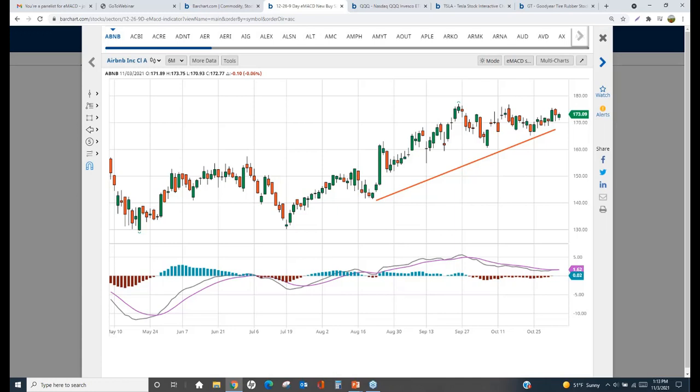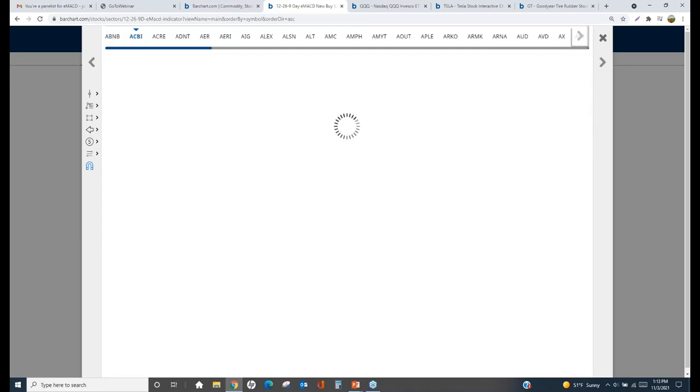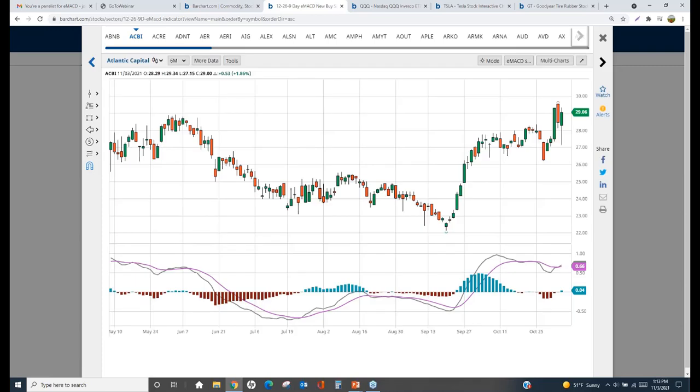All right. So what's nice about this is we can flip through a lot of these charts very quickly and look for certain setups that we want to concentrate on, looking at the MACD crossover signal, and then maybe looking at some other technical or chart analysis.